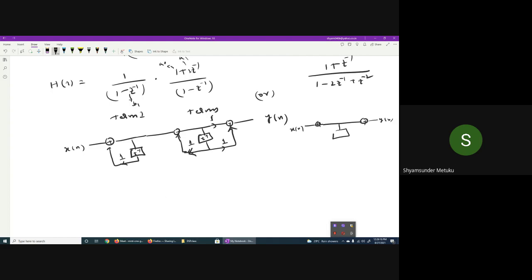Now how many delay elements should I consider for direct implementation? 2 delay elements, isn't it? Feedback will be 2 times, feed forward will be only 1 time. Correct or not? This is also okay. Without splitting or factorizing, you can do direct implementation also.